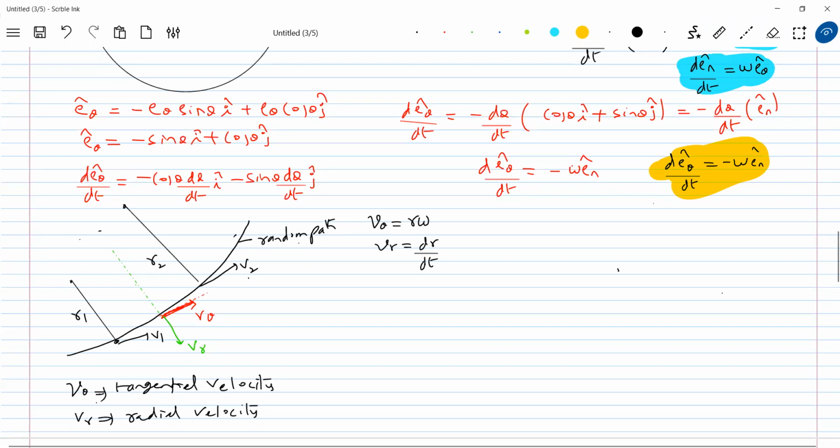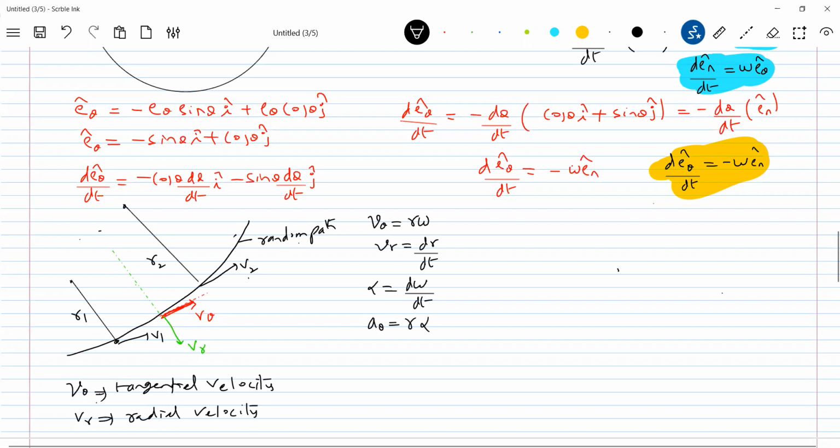Okay, got this. And similarly, what is alpha? Already we defined it. So here alpha, you can write it as d omega by dt. And the tangential acceleration, already we defined it, a theta, which is equal to r alpha. This is the tangential acceleration.